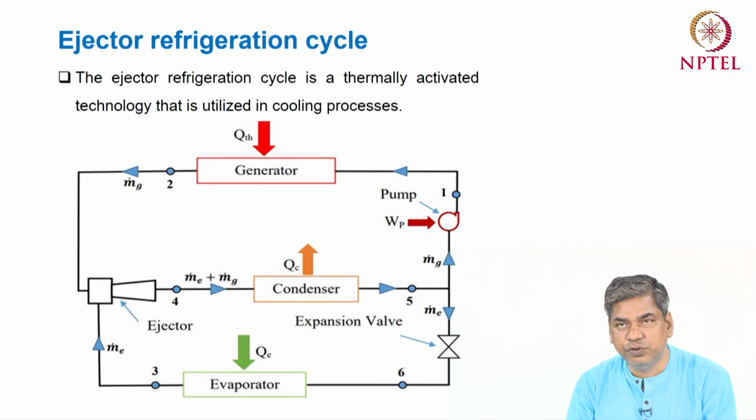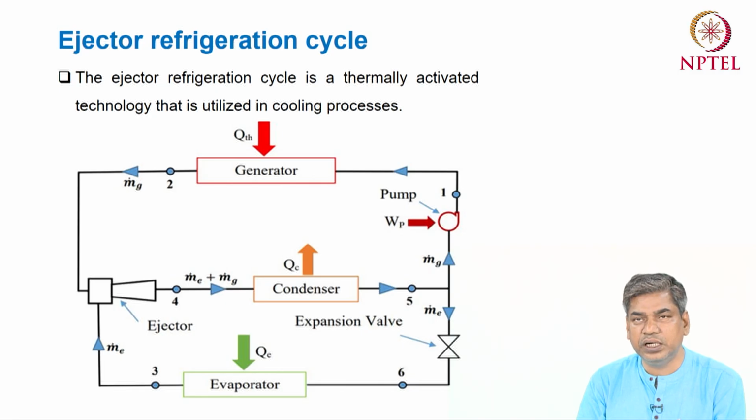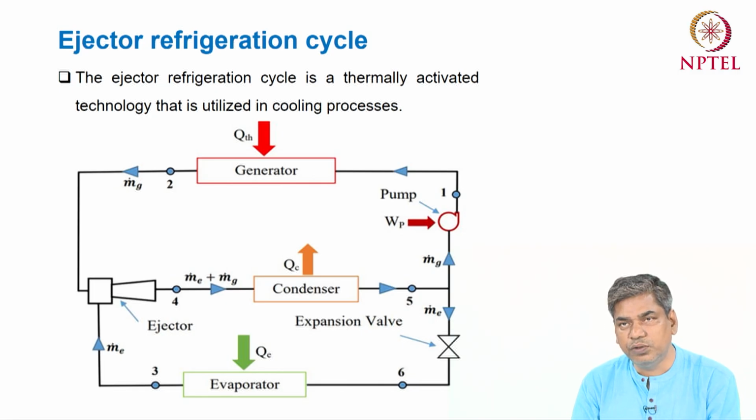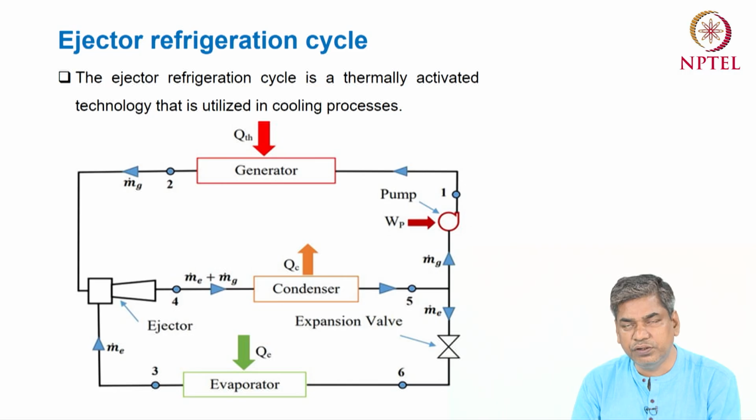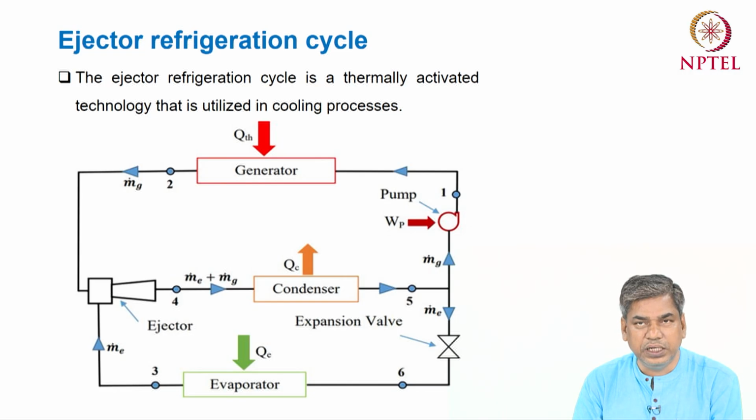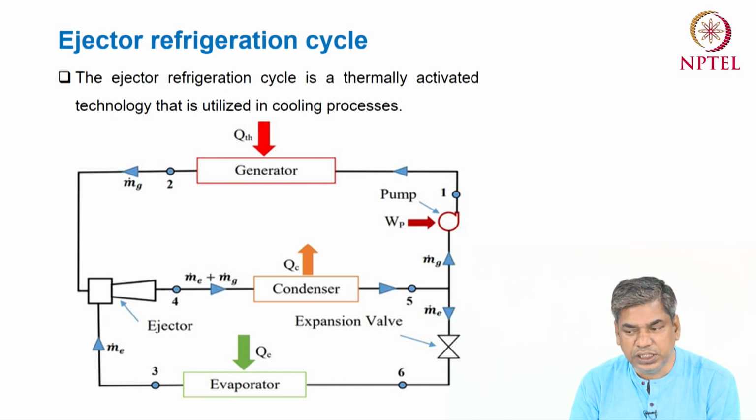Then it goes to the generator, where the fluid absorbs heat and is converted to a vapor, which may be superheated or saturated, at point 2. For the theoretical analysis we will assume point 2 is a saturated vapor. The mass flow rate there is m dot G, and this is basically the primary fluid for the ejector.